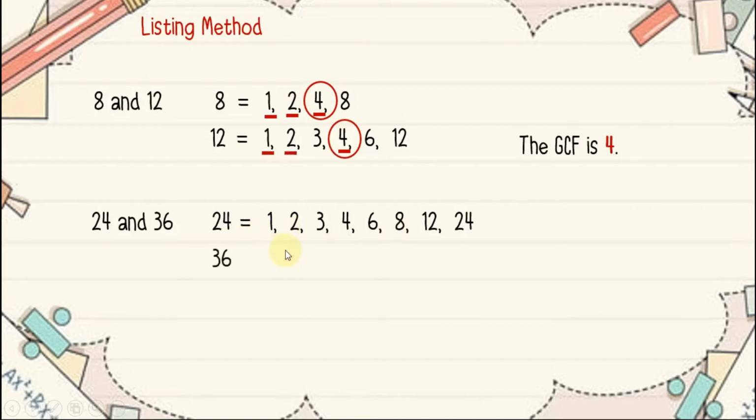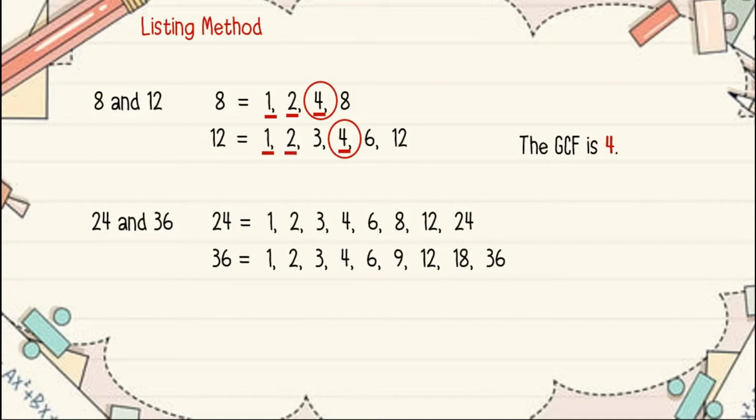Next, 36. We have 1 times 36, 2 times 18, 3 times 12, 4 times 9, and 6 times 6. As you can notice, I wrote the factor once only.